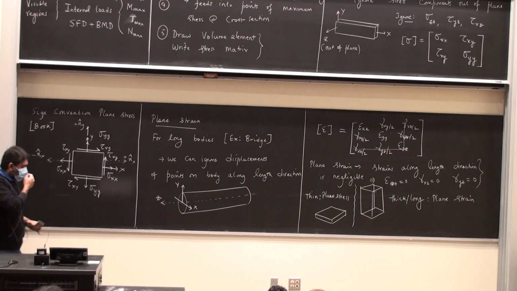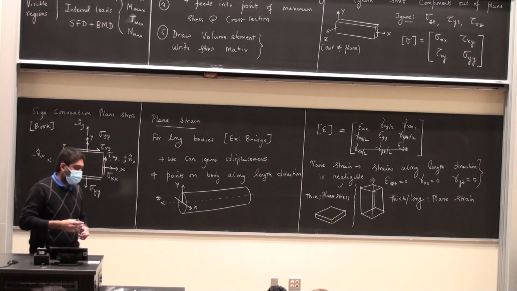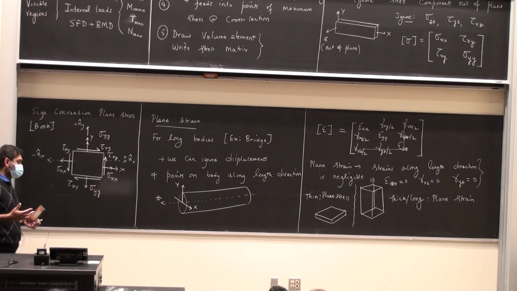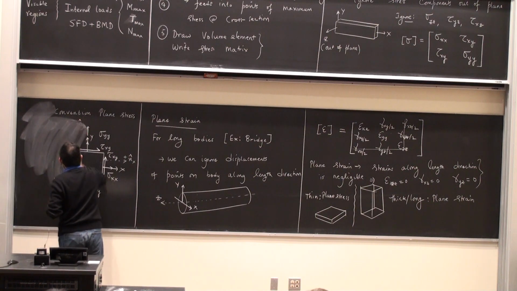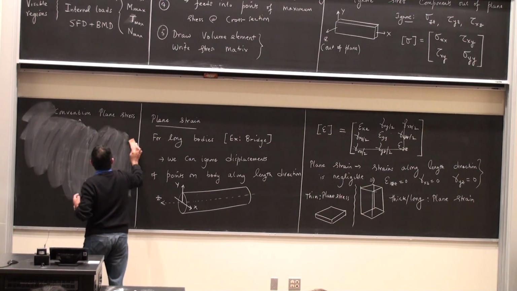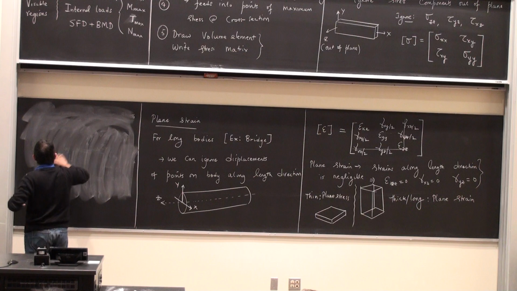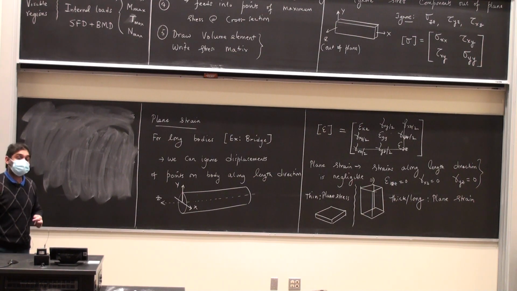All right. So last class we started looking at failures, and we said, okay, there is a motivation for us to talk about the largest normal stresses and the largest shear stresses, right? So in the last class we looked at principal stresses.